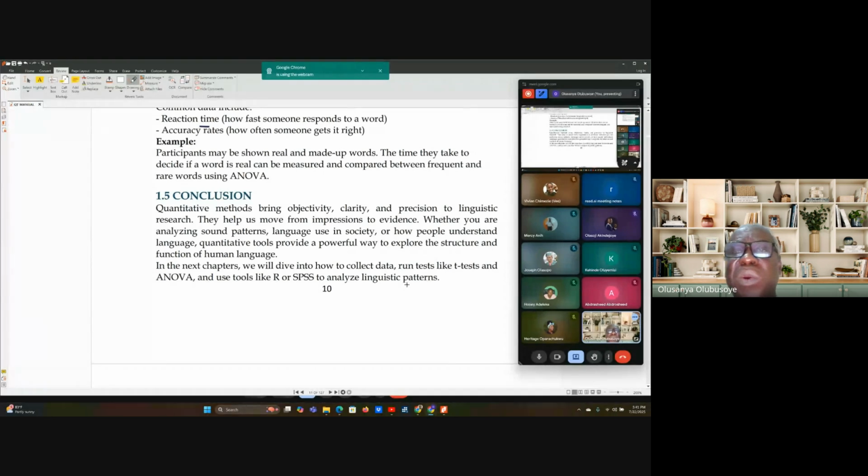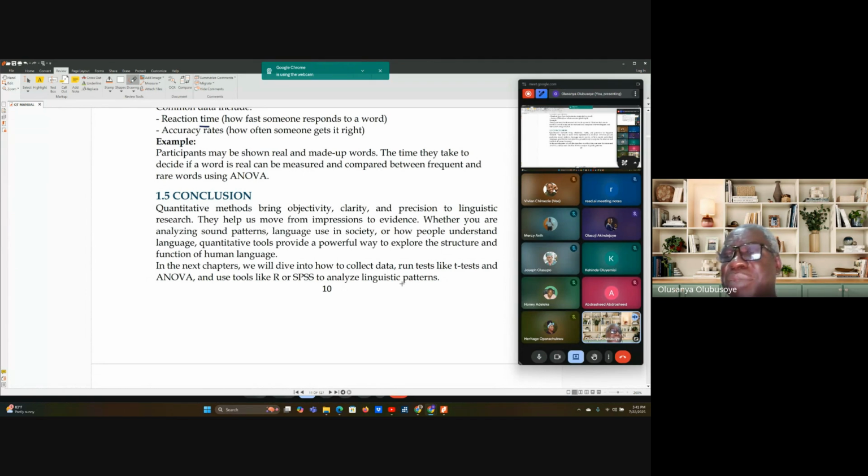So we are now able to use quantitative techniques to become more objective rather than subjective in our analysis. We are now more clear. We bring clarity into our analysis rather than subjectivity or assumptions.